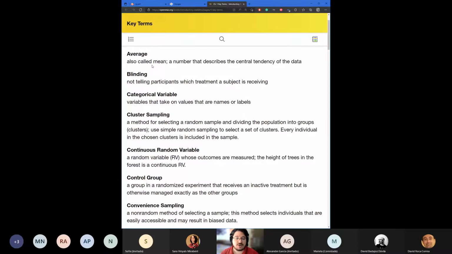The other descriptor of normal distributions is the standard deviation. To describe a normal distribution, we need an average, a mean, that is the central tendency of the data, and we need a standard deviation. The standard deviation basically gives us a description of how far away from the central point, from the mean, are the data points that we have.